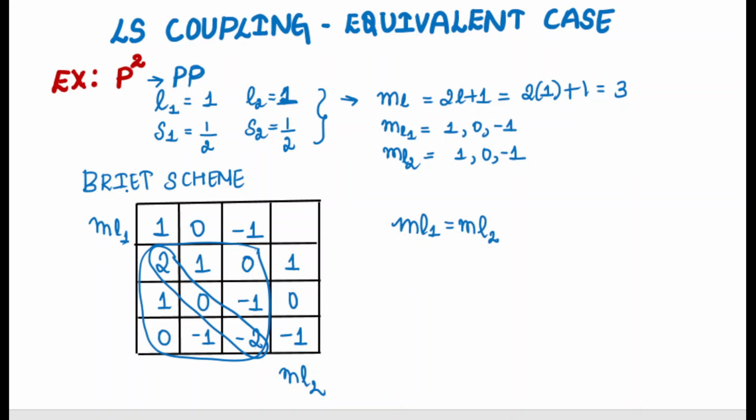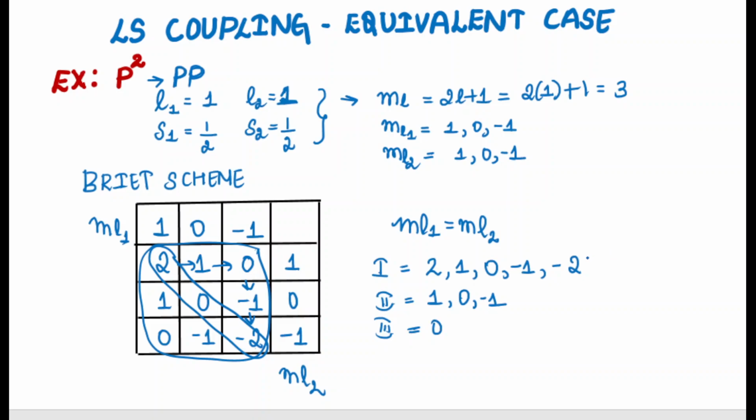Now I can write this in terms of sets. One set has the elements 2, 1, 0, minus 1, minus 2, like this. This is one set, and one more set is 1, 0, minus 1, and the third set is just 0.